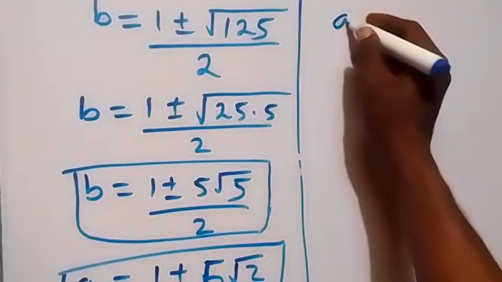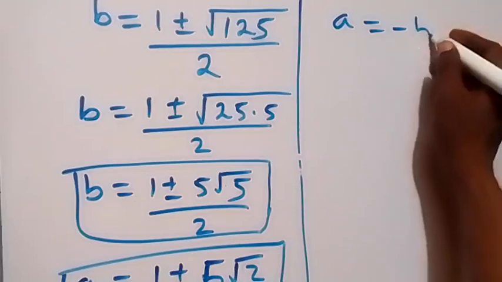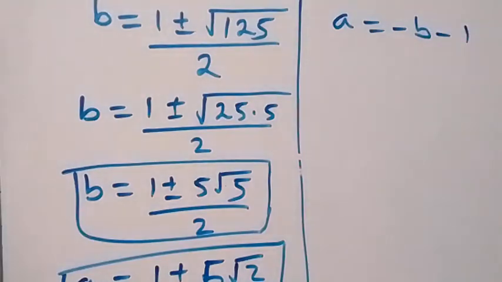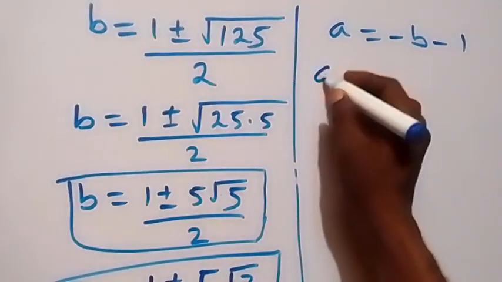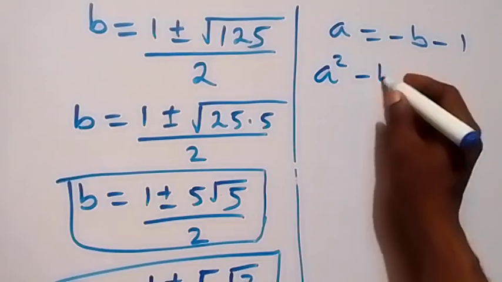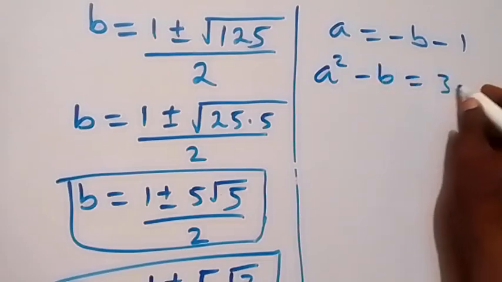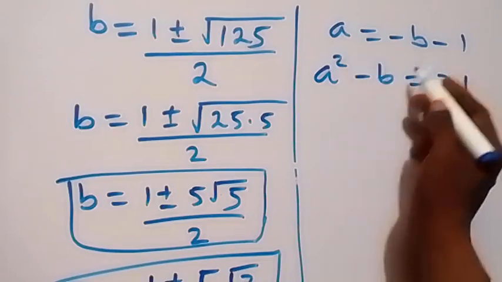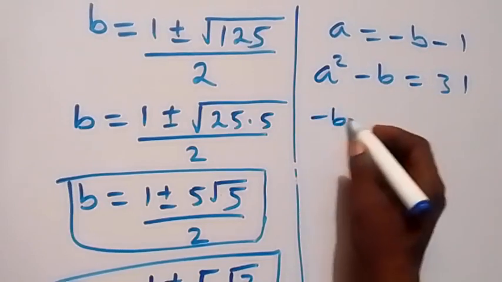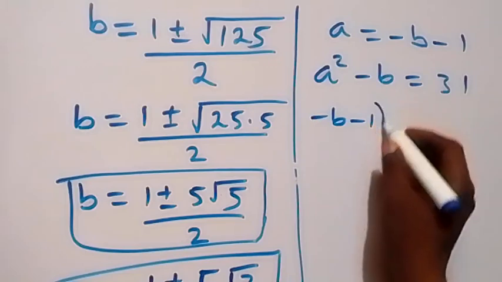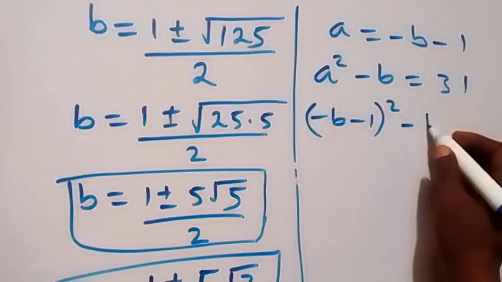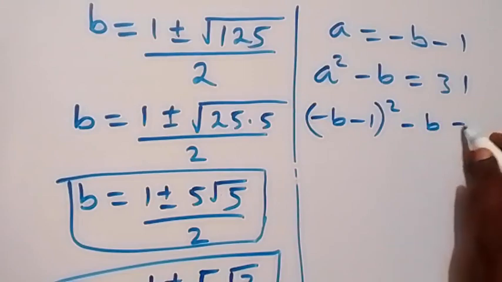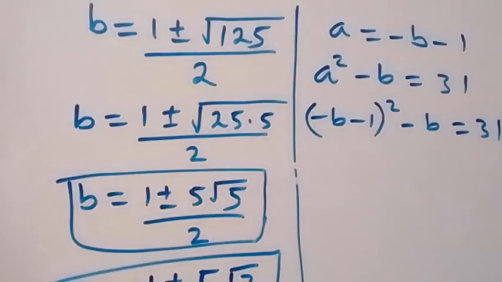minus B minus 1. From here we use the same equation 1, that is, we have A squared minus B equals 31. Then A here is now minus B minus 1 all squared, then minus B, then equals 31.